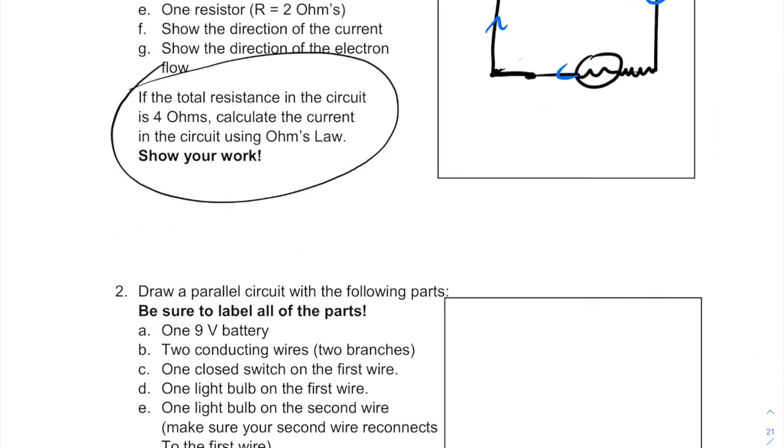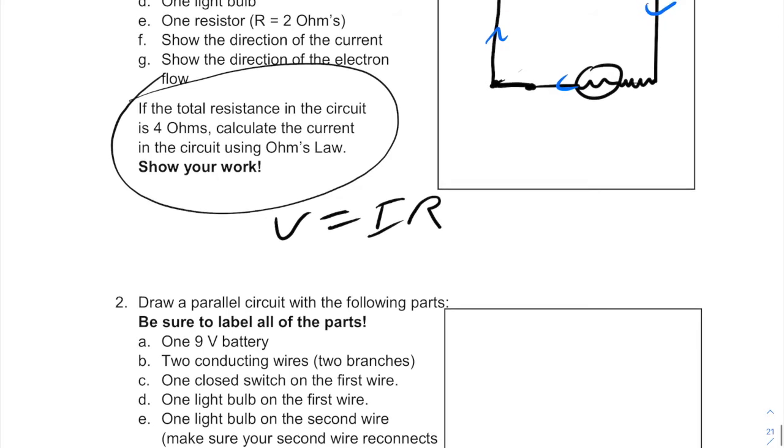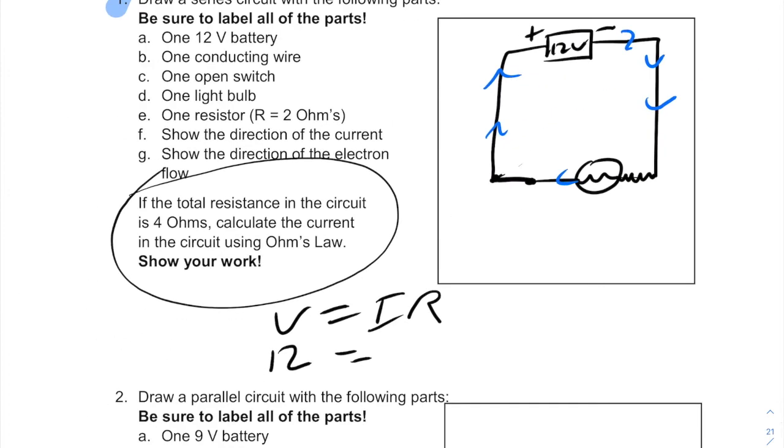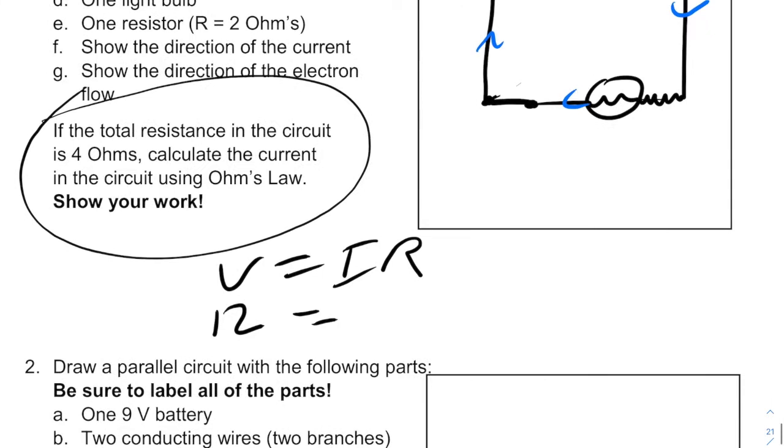So first thing we're going to do is write the equation down, V equals IR, and then we're just simply going to substitute. So the V they gave us was 12. The R is 4 ohms, okay? And the I is what we want to work out. The current is what we want to work out.